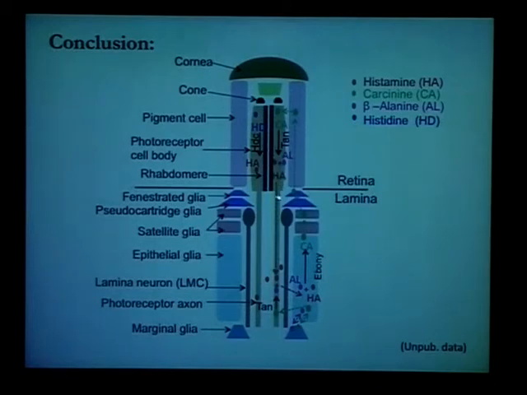This histamine can then go to the synaptic vesicle for the next release. The free beta-alanine comes back to the pigment cells, and then through the entire glia network it reaches the epithelial glia region, where it is ready to synthesize carcinine.